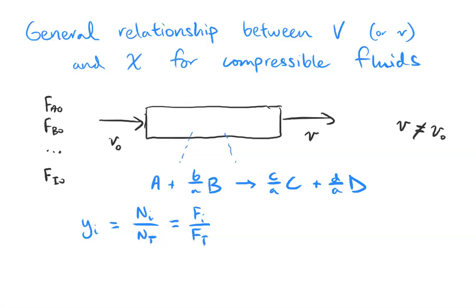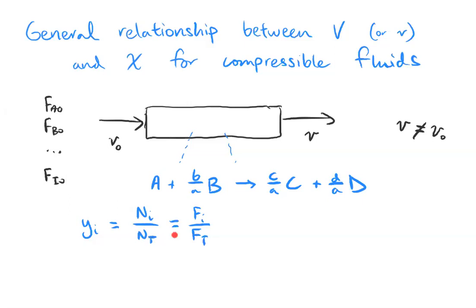But either way, when we make our stoichiometric table, we're largely interested in what the total number of moles, or the total molar flow rate, is, and also how conversion relates to these terms.